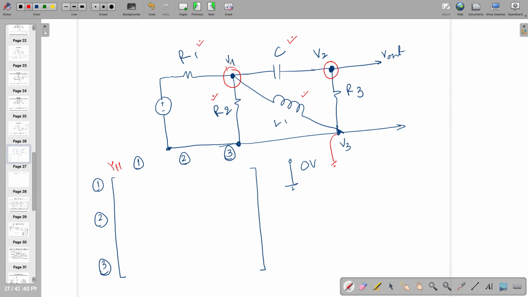All have to be in positive sign, and they have to be written here in the form of admittance whose unit is mho. Means if I want to write down in this path, I am seeing 1 by R1, not R1, because I am entering something for the unit of mho. Next one is the capacitor.